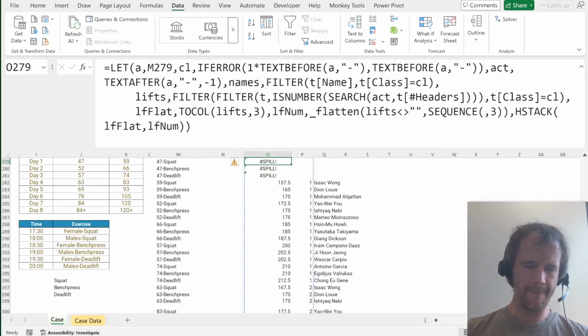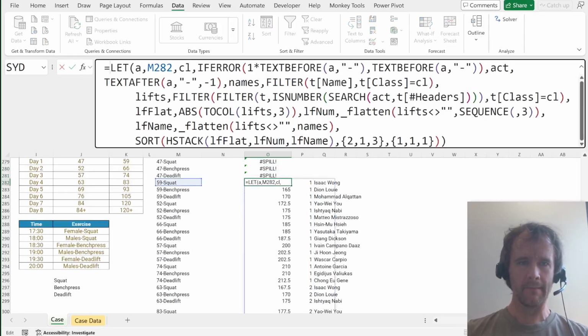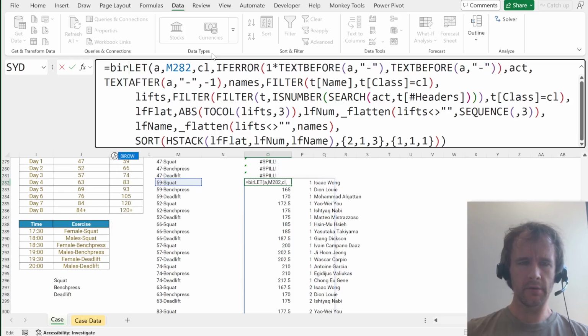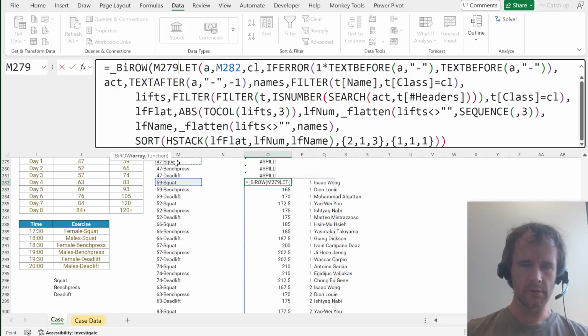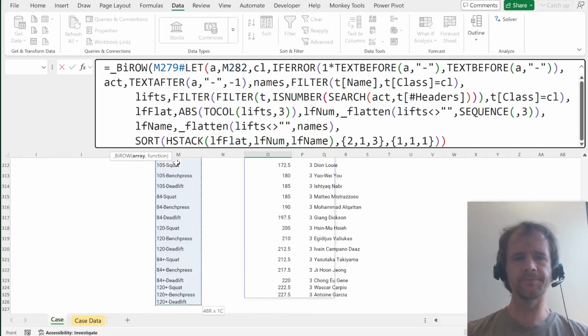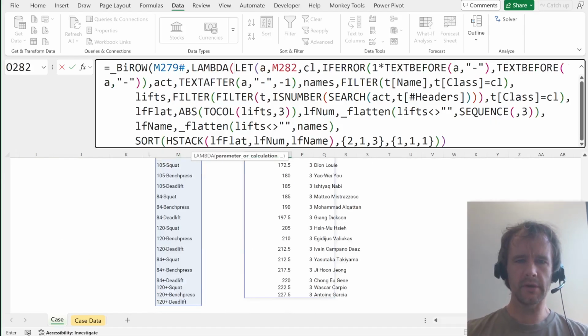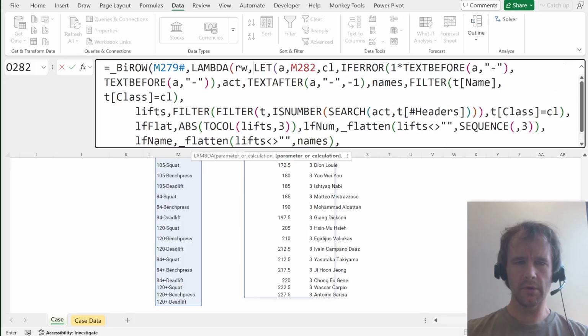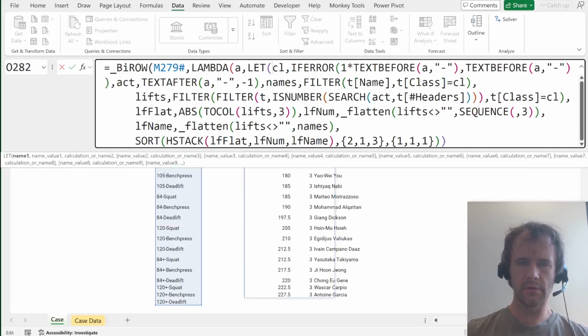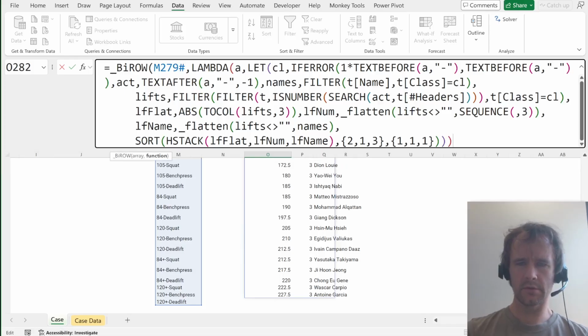So now, I think I can just do a by row of all of this, lambda row, I guess lambda A is easier because I've already got A. Close the lambda, close the by row.